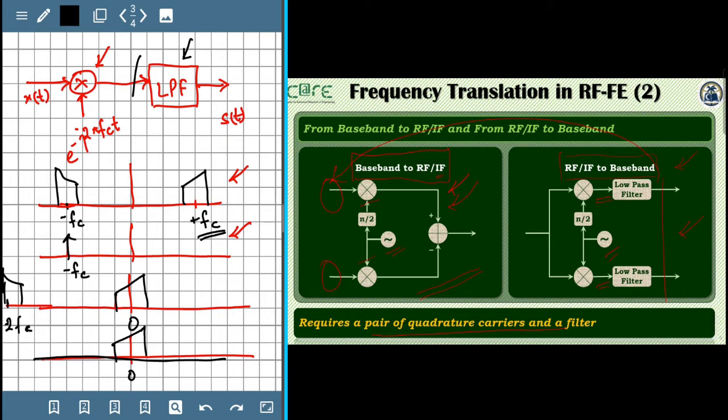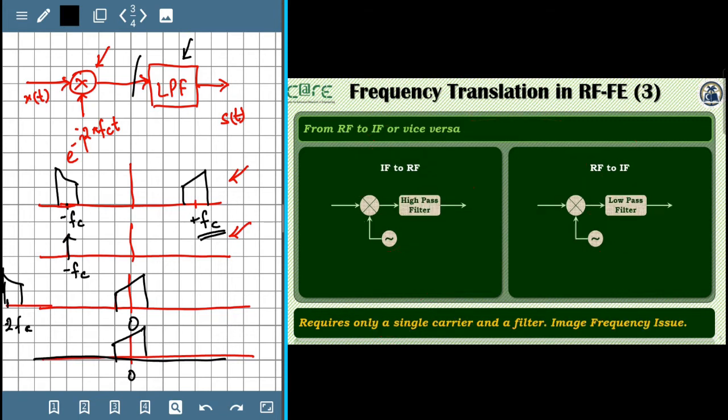Similarly on the receive side, we are showing a block diagram for converting an IF signal to the baseband; the first step of converting an RF signal to an IF signal, both real valued, is left to be discussed. And that is what we discuss here, the frequency translation from RF to IF or vice versa.